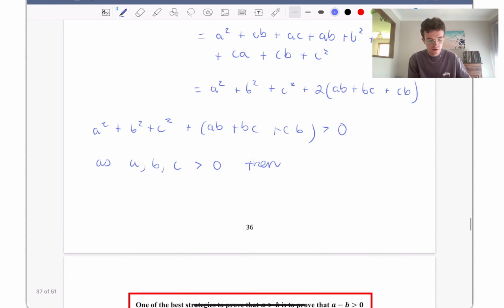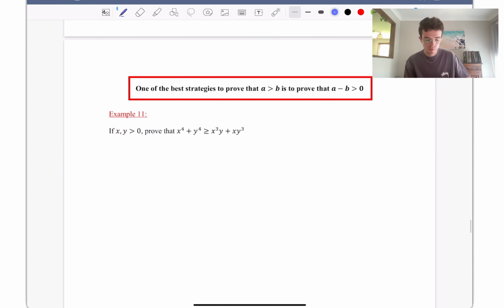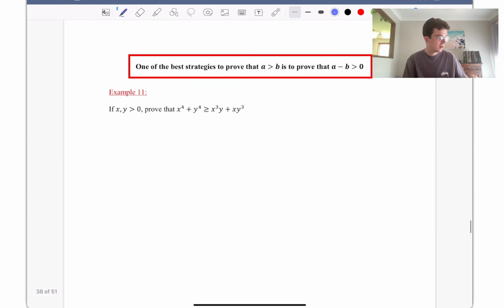Okay, next one. One of the best strategies to prove that A is greater than B is to prove that A minus B is greater than 0. So let's go, x to the power of 4 plus y to the power of 4 minus x cubed y minus xy cubed, and we're going to prove that it's greater than 0.